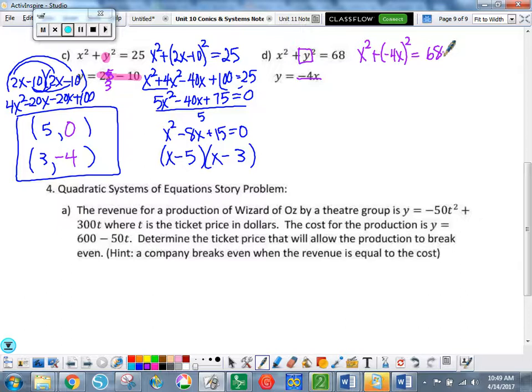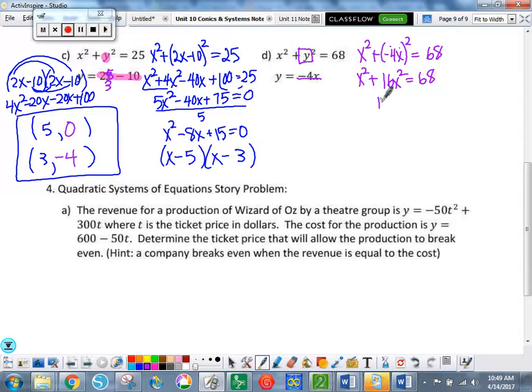What is a negative 4x squared? 16x squared. Very good. You got x squared plus, there is no add in between here. So you do need to square the negative 4 and the x squared. You don't have to write it out. 16x squared equals 68.